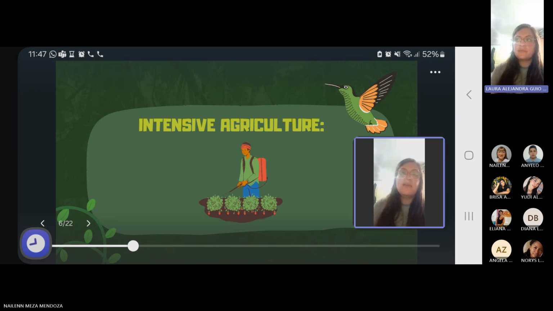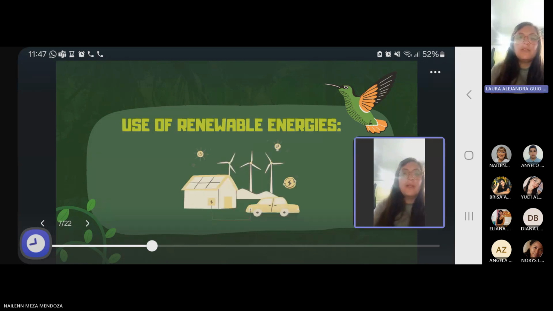Intensive agriculture. Large-scale food production involves the use of fertilizers and pesticides that emit greenhouse gases, as well as clearing forests to expand cropland. The next, please. Use of renewable energies. Although renewable energies are an excellent alternative to fossil fuels, their production and distribution can have negative environmental impacts, such as the occupation of land and the impact on ecosystems.